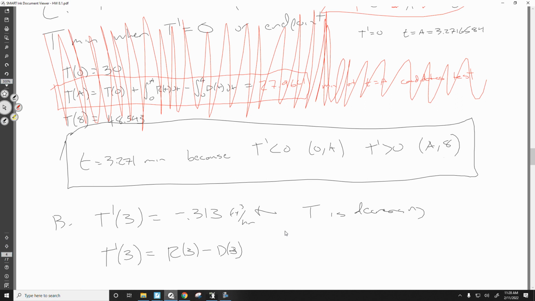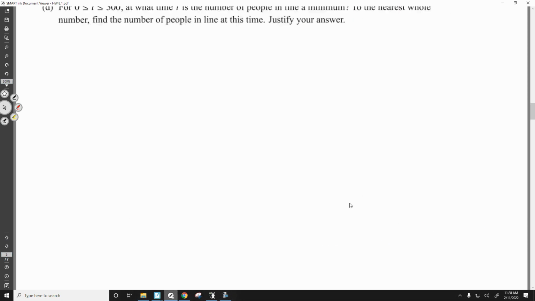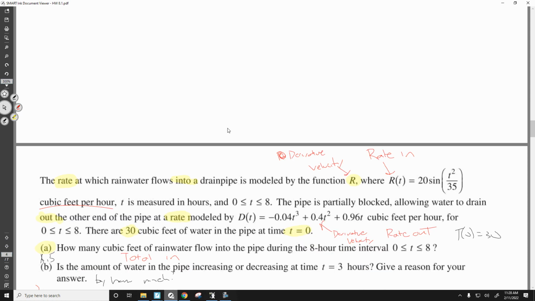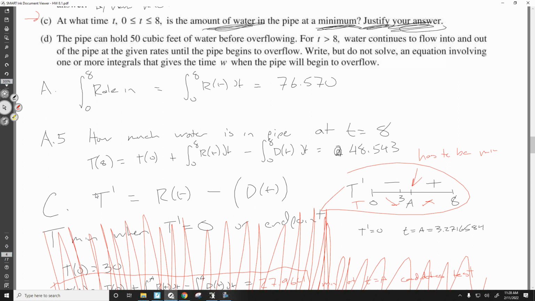Great question. I know, that's what a lot of people do. But remember, you're given the derivative. You already wrote down somewhere that T prime is R minus D. It's not R prime minus D prime. It's my velocity in minus my velocity out.